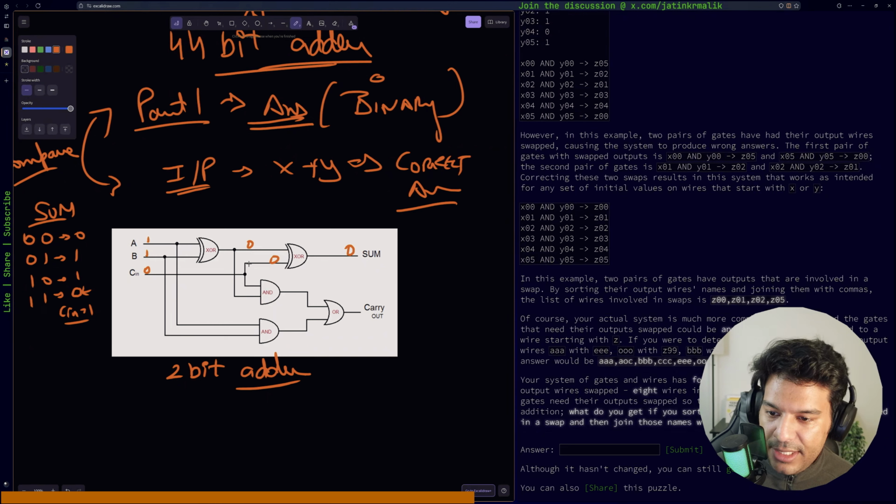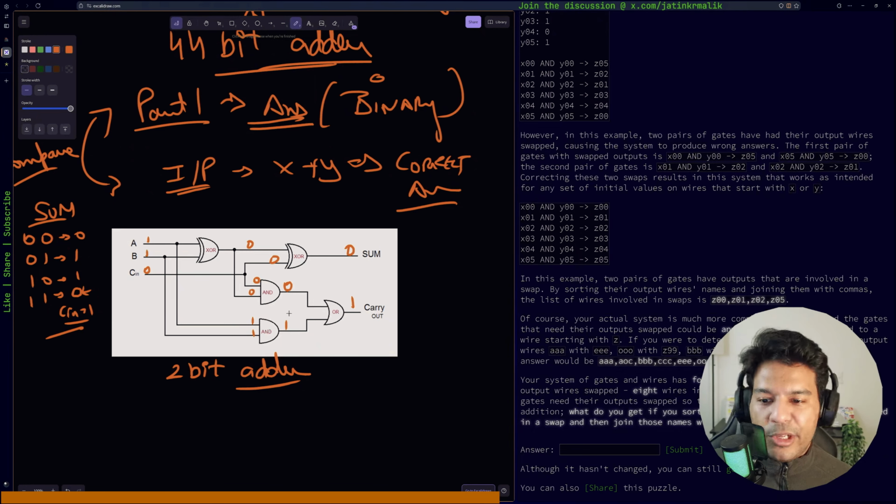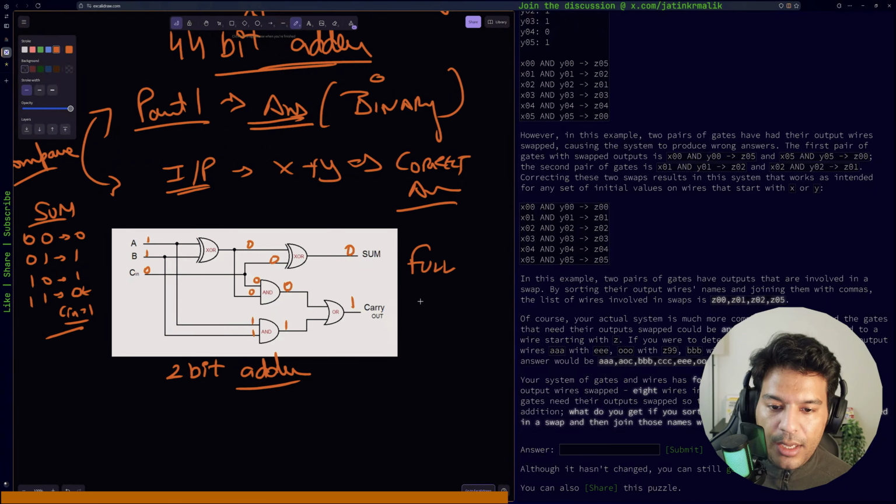And if we simulate this, this is the carry in which was 0 and the XOR which was 0. So 0 and 0 is still 0. But here we have A and B, which is 1 and 1, which gives you 1. And 0 OR 1 gives you 1, which is this. So you can see how, if we arrange these logical gates in such a way, we can make a full adder. So this is a full adder.